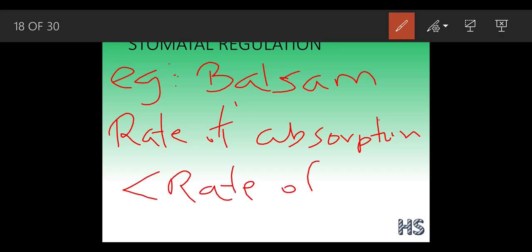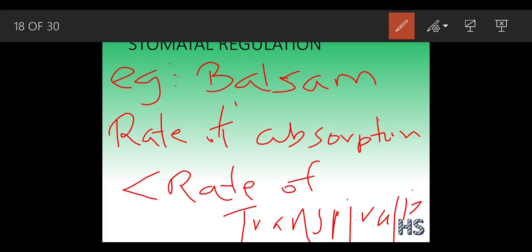This says that during daytime this balsam plant lost a lot of water, meaning the rate of transpiration is higher. As the rate of transpiration is too high in the balsam plant during midday, the leaf droops down or gets wilted. But what happens during the night?